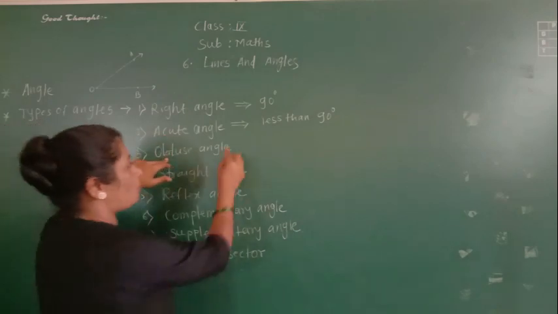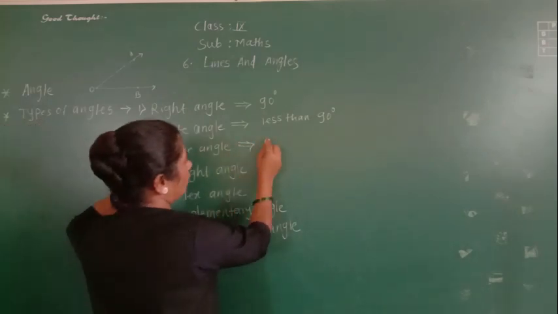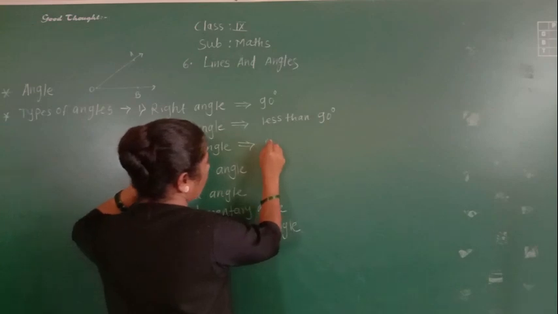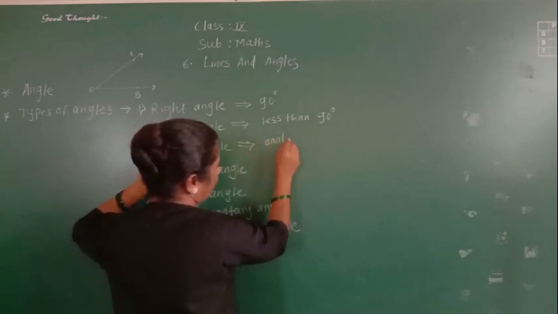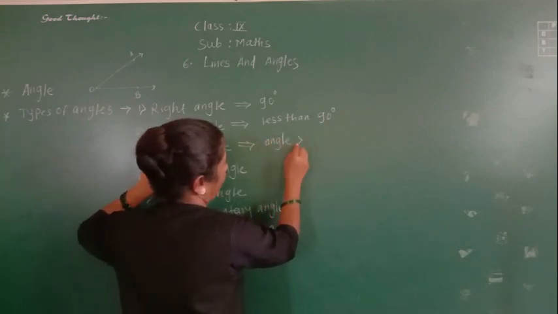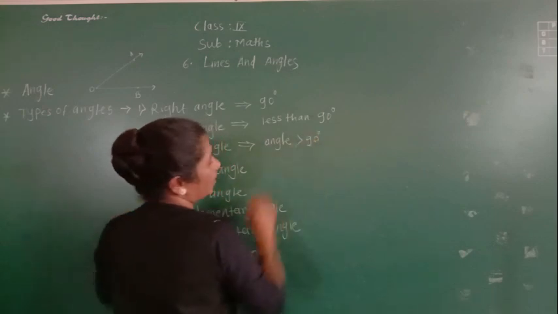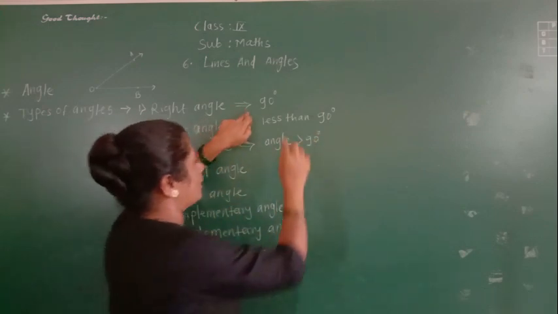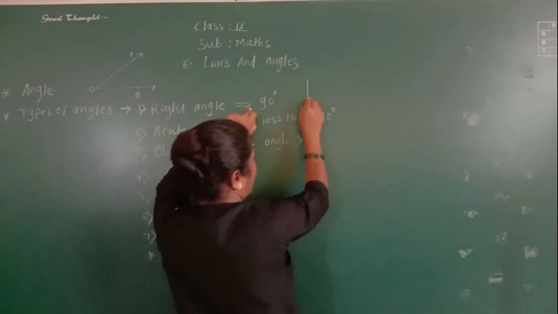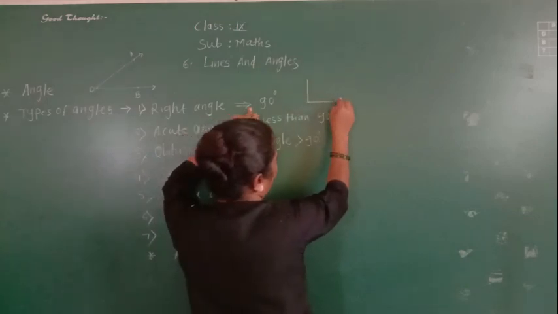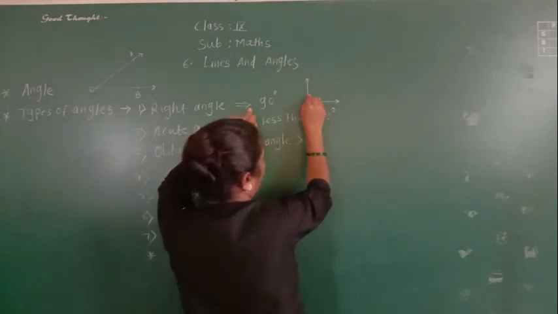Obtuse angle, so what does obtuse angle mean? This angle measures greater than 90 degrees. For this 90 degrees, your figure will look exactly like this, right? So this is the 90 degree angle.